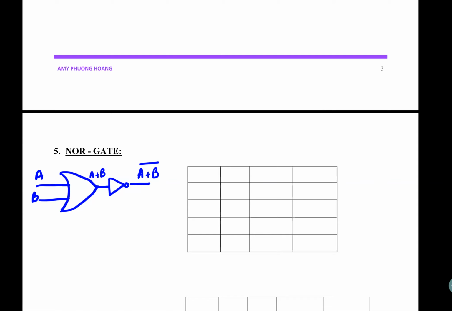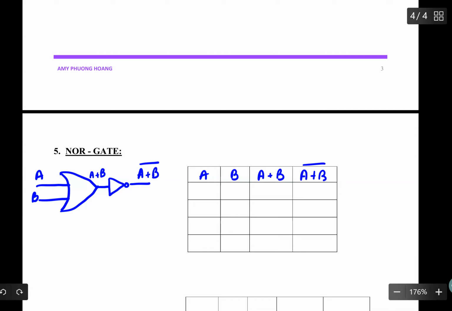Alright, so the truth table will be A, B, A plus B. Then I invert the signal coming out of it. Again, same pattern for the 0 and the 1. I will have 0, and the rest of them will be 1, but I invert my signal, so I have 1, 0, 0, 0.